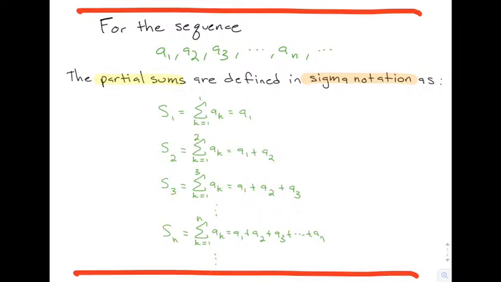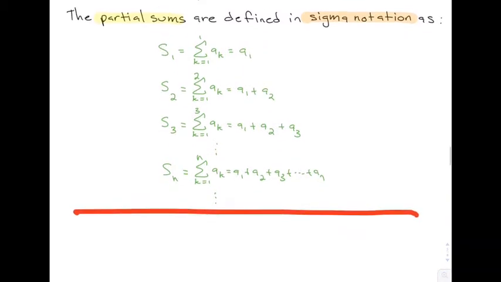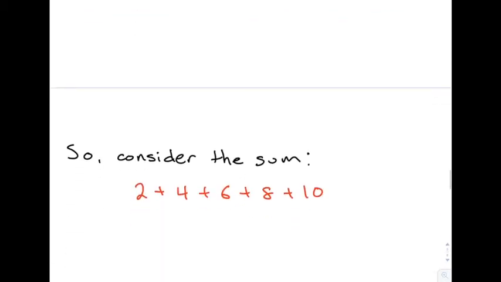This is just to say that we're summing from the first term to the first term, and we'll only have the first term. And of course, for any nth partial sum, we sum over the sequence AK, starting at K equals 1, ending at N, and that would give us the nth partial sum.